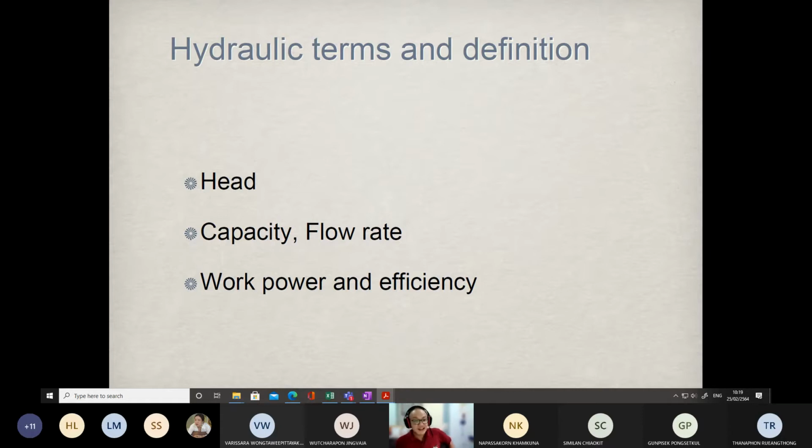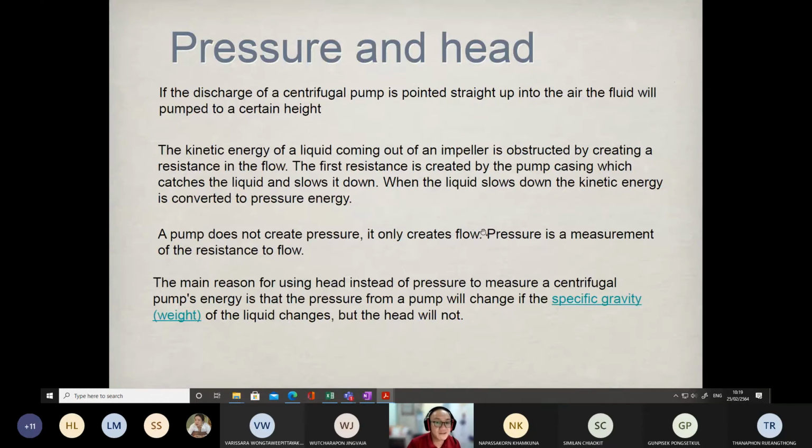Remember that head is equal to P divided by gamma, the specific weight. This is the difference between pressure and head.